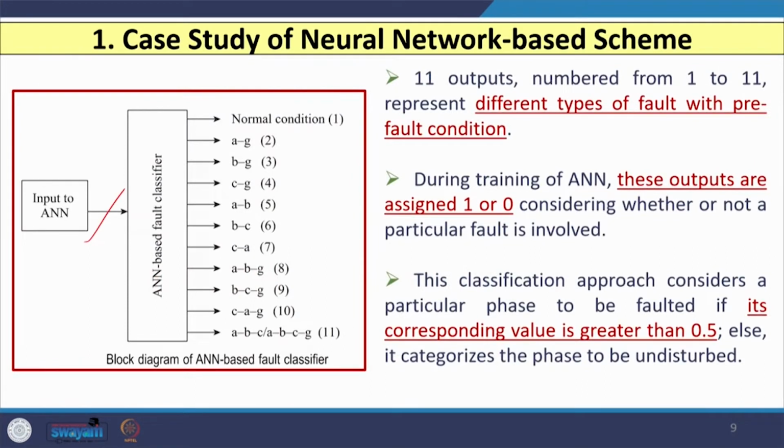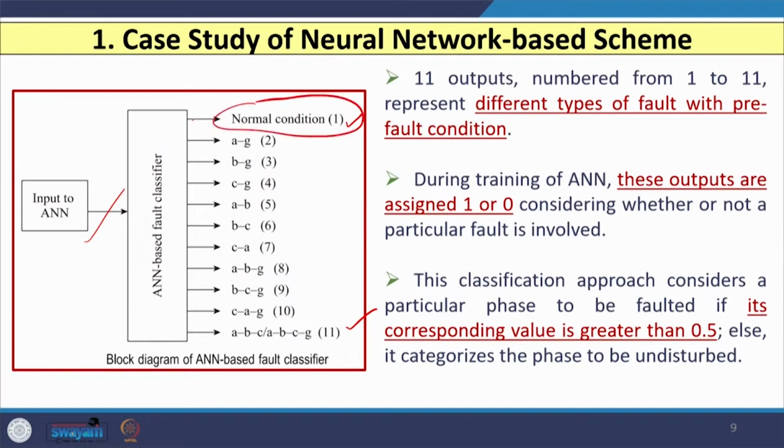and if I consider the fault classifier block, let us say you have extracted the features and you are giving, let us say, 3 or 5 or 6 inputs to the ANN for training and maybe after that for testing purposes. The output of this classifier block, which is based on neural network, is numbered from 1 to 11, and these represent different types of fault along with the pre-fault condition.